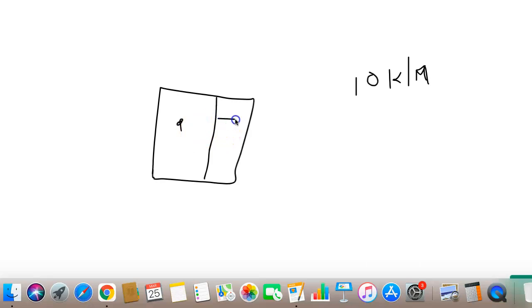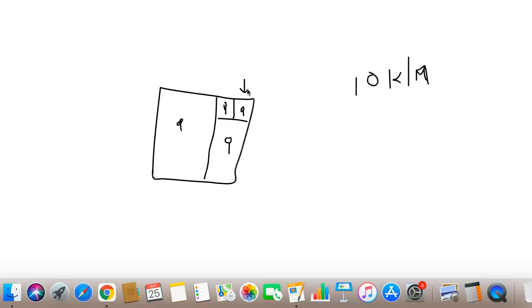Your second friend is using this much space in the room. And your third friend is using this much space in the room. And your fourth friend is using this much space. That is you. This is you, right? This is how much space you're using in the room.